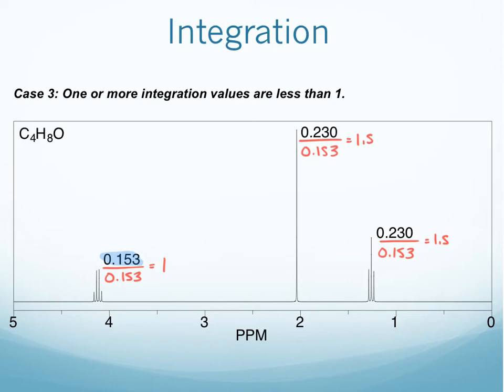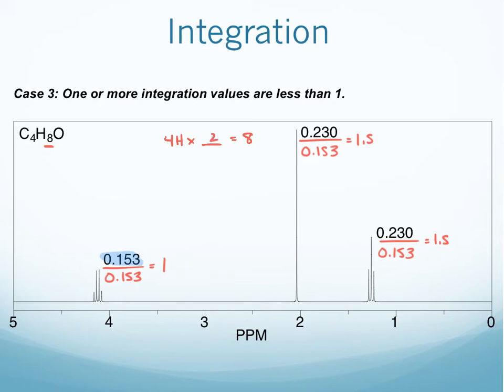The other way you could do this is just the way we did before and say we need a total number of hydrogen equal to 8 based on the molecular formula. Right now, our integration values, if we add up 1.5 plus 1.5 plus 1, that's a total of 4. We need 8, so 4 times what gives us 8, and that would be 2.